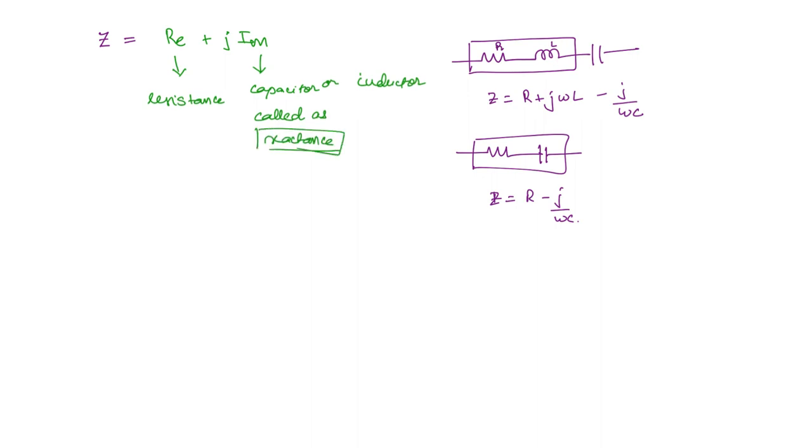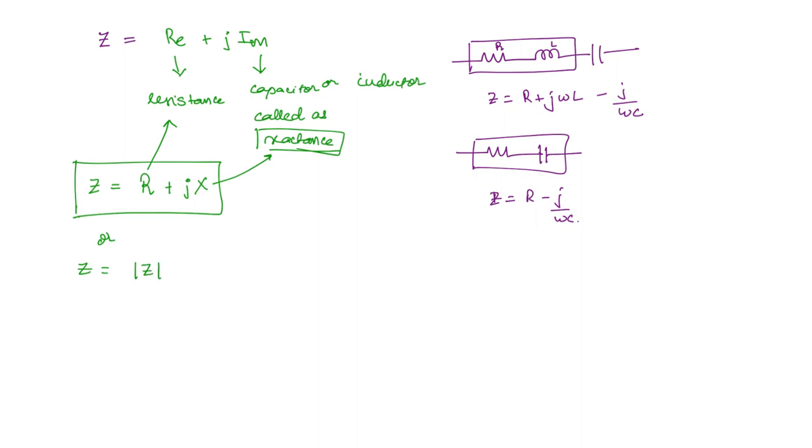So Z is equal to resistance, which we represent as R, plus reactance, which we represent as X. This is the general expression for impedance, where R is the resistance and X is the reactance. Now what about the magnitude and phase form? The magnitude we write as mod Z and the angle we write as φ.